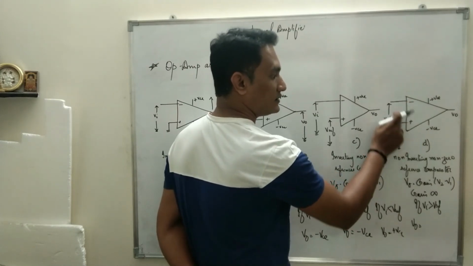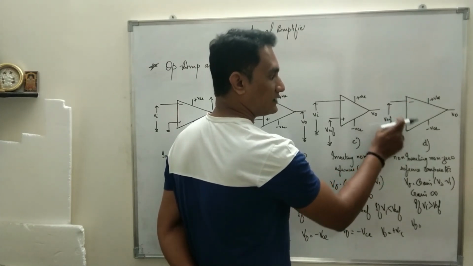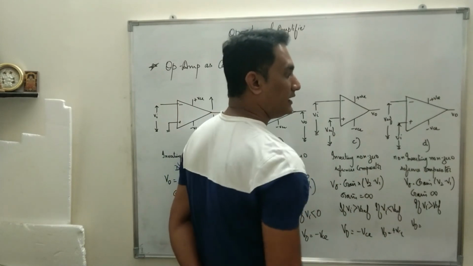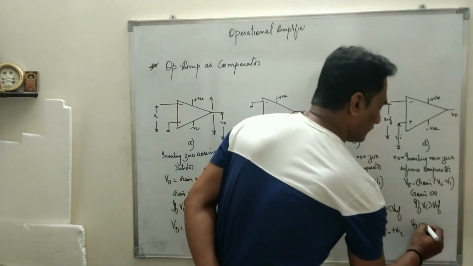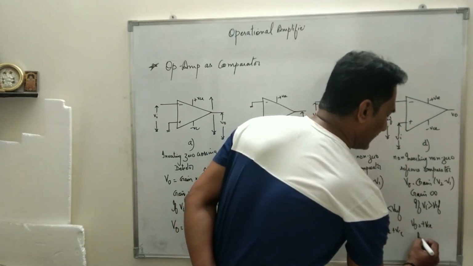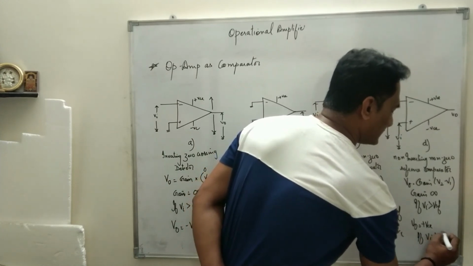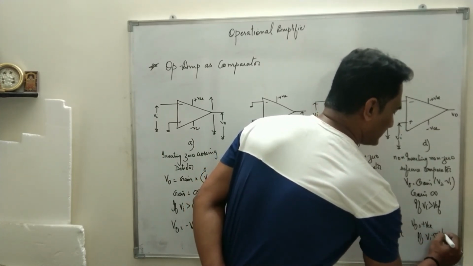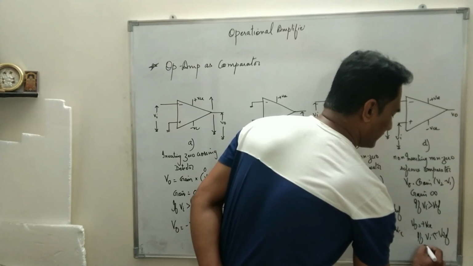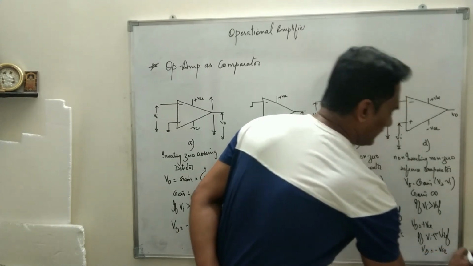So if Vi is greater than V reference, the difference between these two will be positive, therefore V0 will be plus VCC, and if Vi is less than V reference, V0 will be minus VCC.